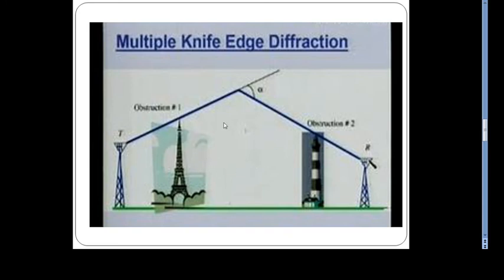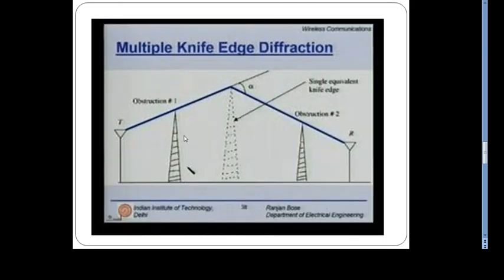In this scenario we can draw a theoretical model, which is equivalent to the single knife edge diffraction model, as shown in this figure. So this is a single equivalent knife edge model, which is also considered in the multiple knife edge diffraction model.